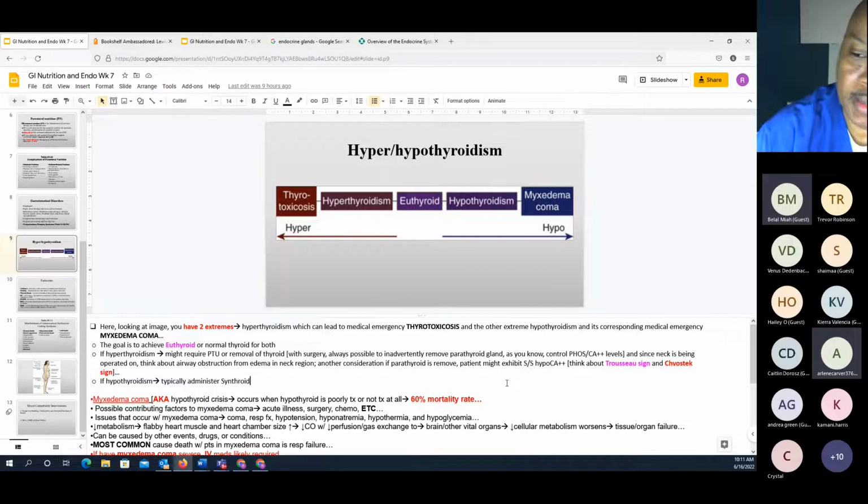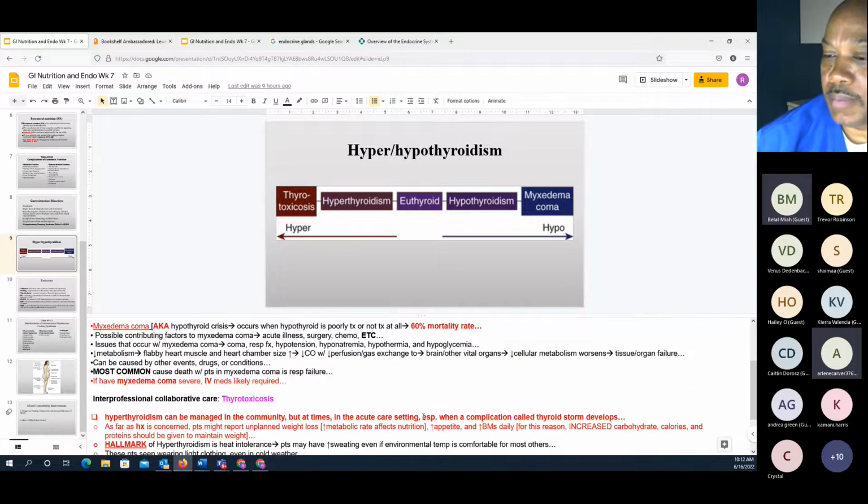But for complex, we're more interested in the thyroid toxicosis and the myxedema coma. That's what we're mostly concerned with. Of course, other information is necessary to know because we know it leads up to these severe complications.